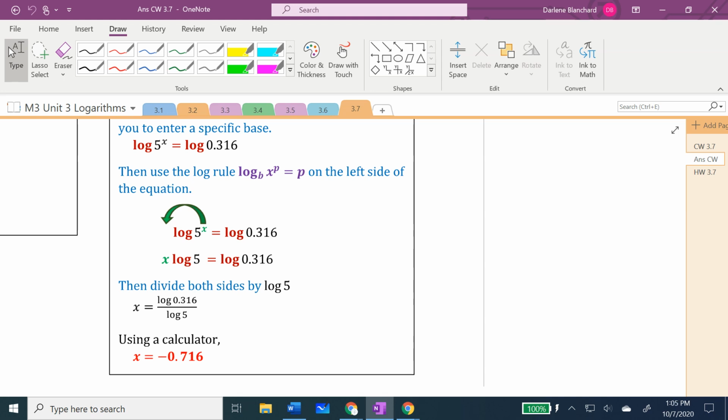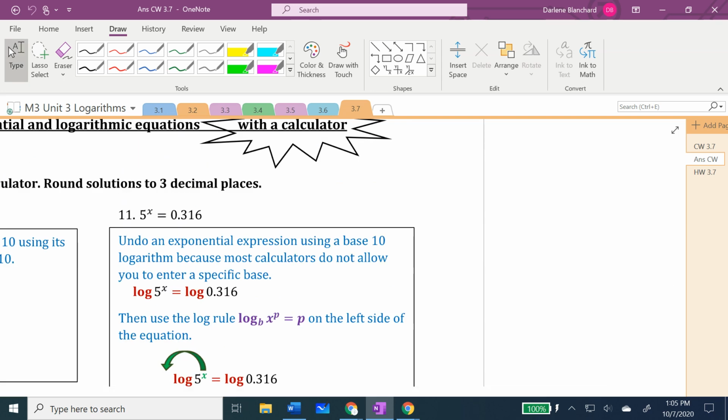Now, if you're lucky enough to have a calculator that will allow you to put the base of the logarithm in, do you know how quick this is? If your calculator allows you to put the base number of the log in, you can take this equation and instead of log base 10ing both sides, you can log with the base that it has for the exponential.